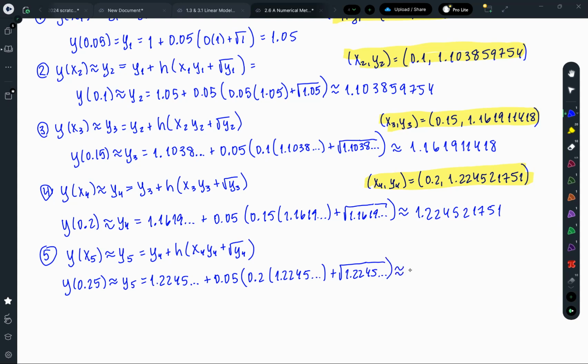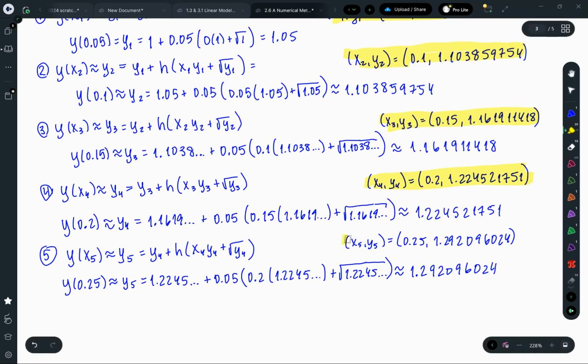My calculator tells me that this is approximately 1.292096024. Okay, and so now we have an x5 and a y5. x5 was 0.25 and y5 is 1.292096024.